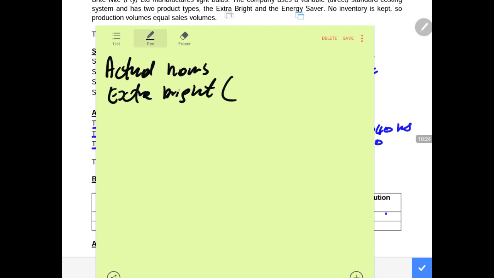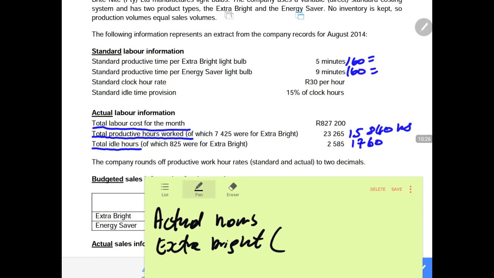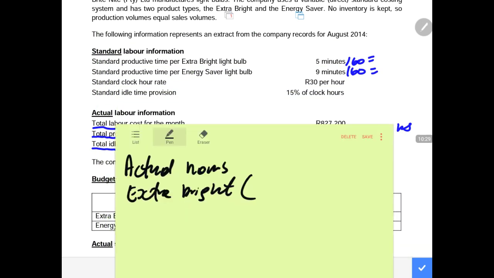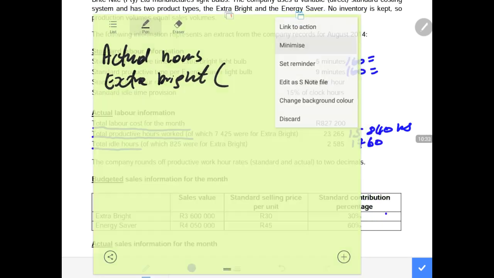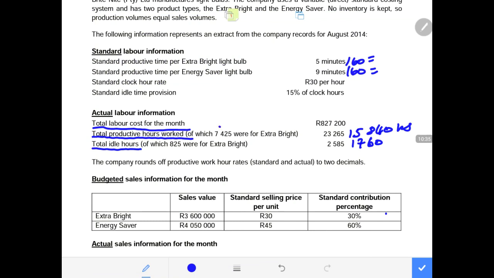Extra bright will be the total of the productive and the idle time hours. Extra bright had 7,425 productive hours and 825 idle hours, so that becomes the total hours for this product.